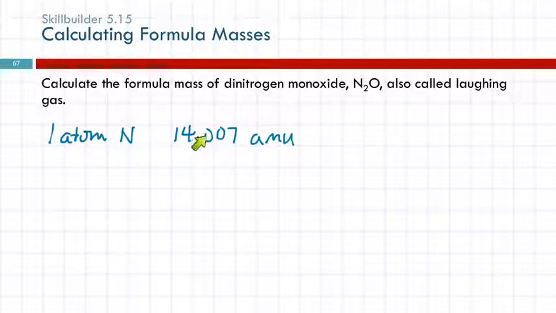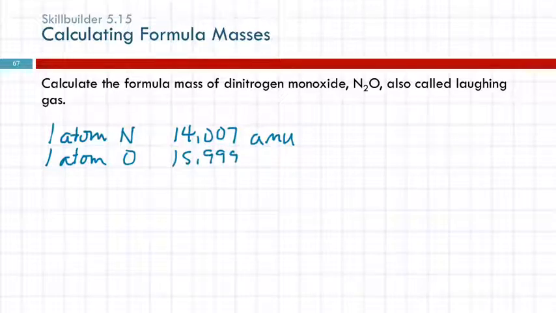So this number, the atomic mass, is found on the periodic table under the element symbol, right? And 1 oxygen atom would be 15.9994 atomic mass units.